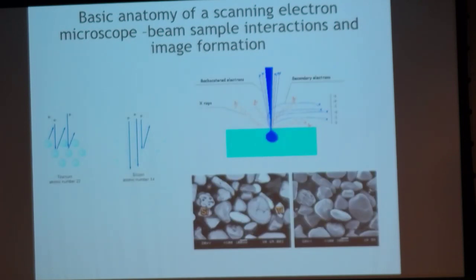You can also use, as I said, the secondary electrons to represent the elemental composition of the material that it hits. So you can tell whether you have silicon or titanium in your picture by doing this.